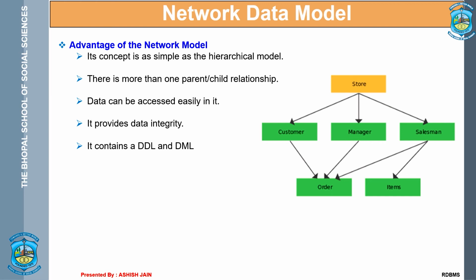So if one path is blocked, you can have another path to reach that particular node. It provides data integrity. All your data is integrated together, so it provides data integrity, and also it contains data definition language as well as data manipulation language support, so that you can have a query to retrieve the information from it.